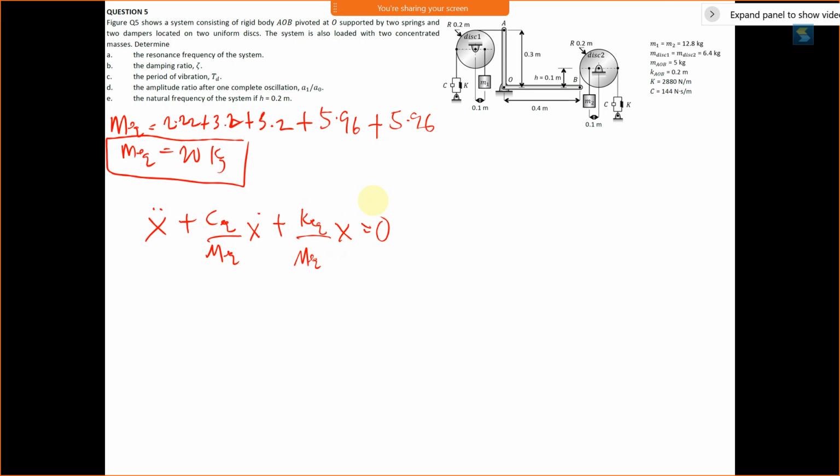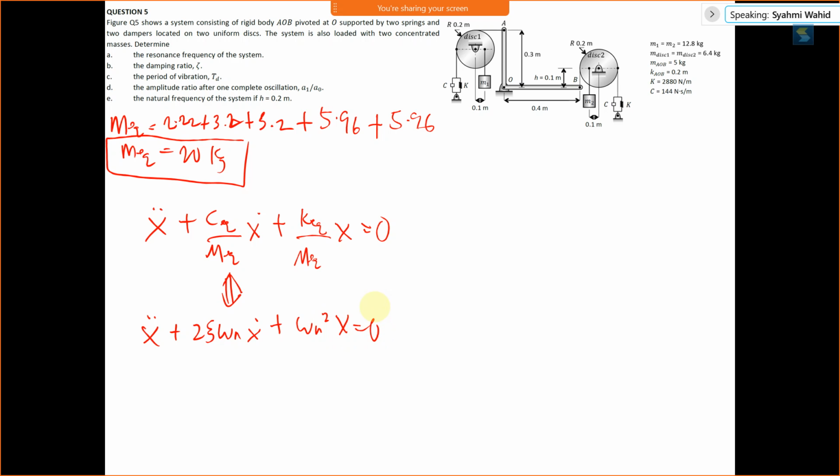Okay, so then compare it with the natural frequency equation. So X double dot plus 2 zeta omega n X dot plus omega n squared X equals 0.